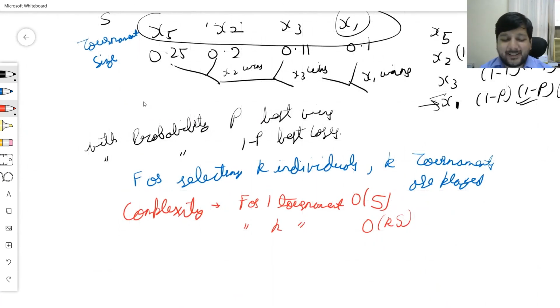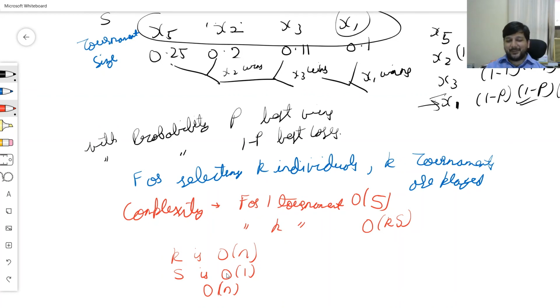I'll always select 70% population, 80% population. So K is of the order of N. Now S is normally a constant. So that's the only algorithm where the complexity turns out to be O of N. Everywhere else it's O of N log N. This is the only one where it turns out to be O of N. And that's another advantage of this.